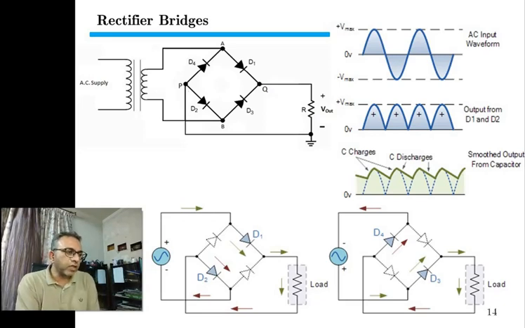We can convert AC into DC either using a single diode, that will be the half wave converter, or we can use full wave converters. This circuit diagram consisting of 4 diodes D1, D2, D3 and D4 connected across the secondary of a transformer is a full wave rectifier which converts all of the sine wave into DC.